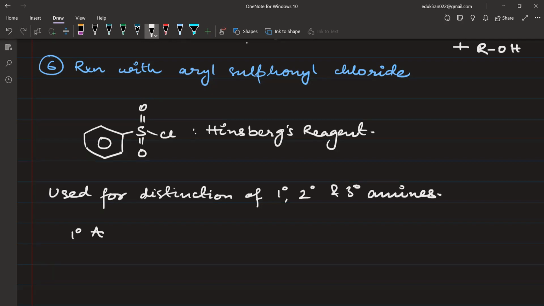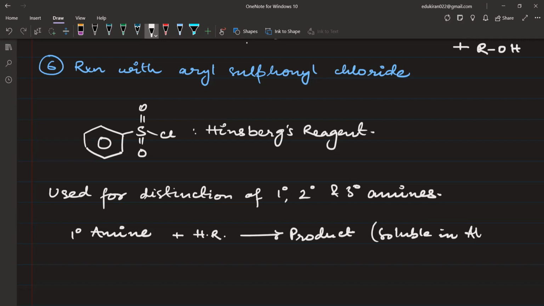1 degree amine plus Hinsberg's reagent, you will get a product, and this product will be soluble in alkali.